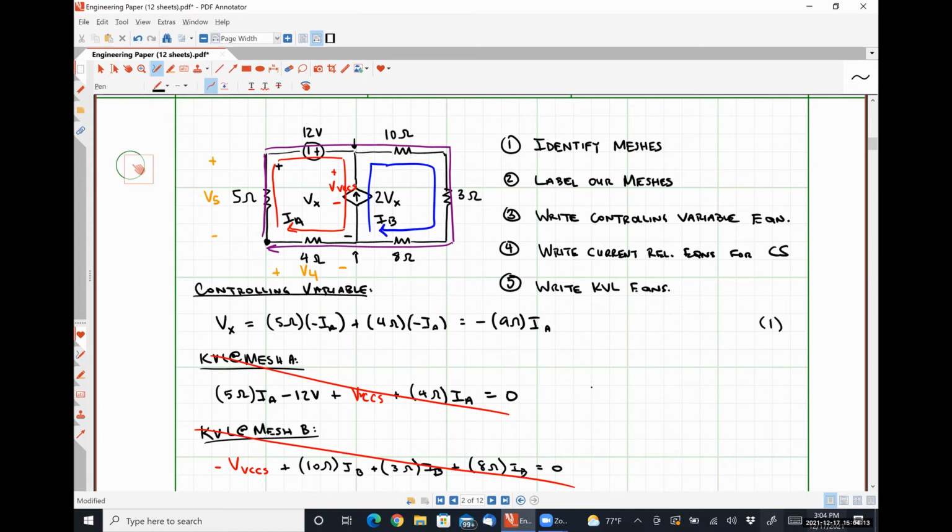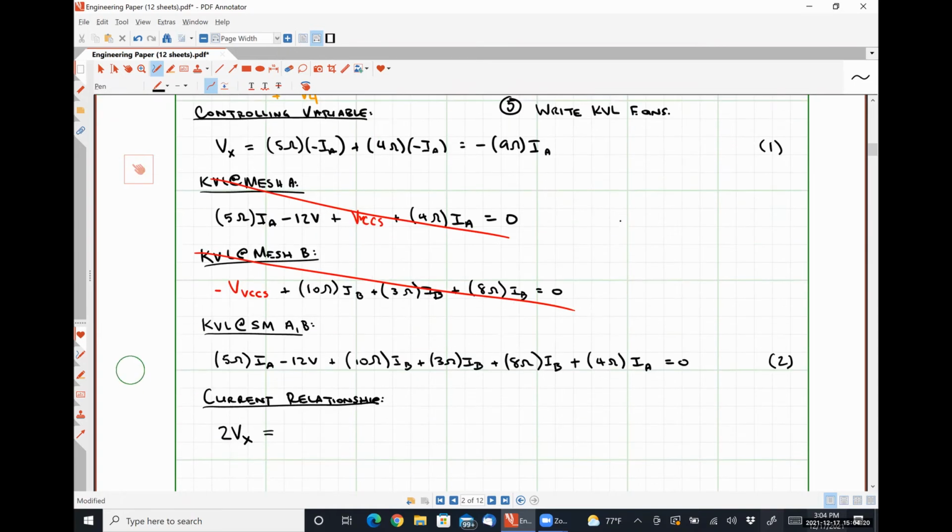So what we're going to do is say the current that's in the same direction as our current source, which is IB, minus the current that's in the opposite direction of the current source, which is IA, is equal to the amount of current being provided by the source. Does that make sense? Okay. There's our third equation. So we now have three equations, three unknowns, and we can easily solve.